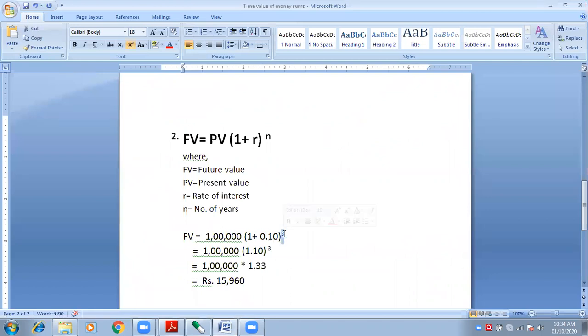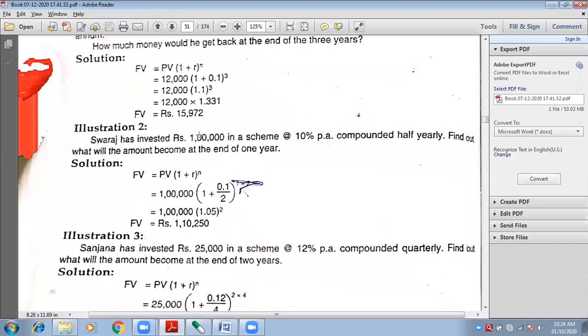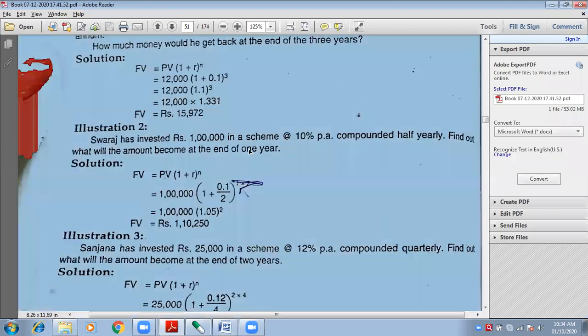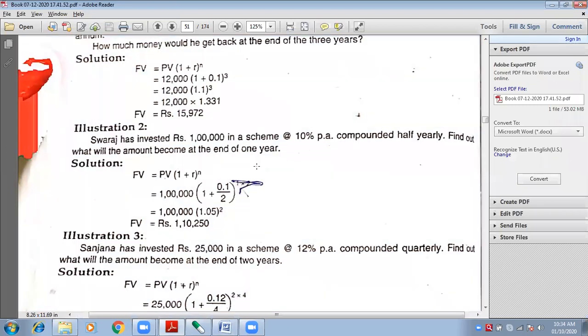then for how many years do you want to invest? How many years do you want to invest this money for? Not 6 months, I'm not asking that. I'm asking N. Find out what the amount will become at the end of 1 year.